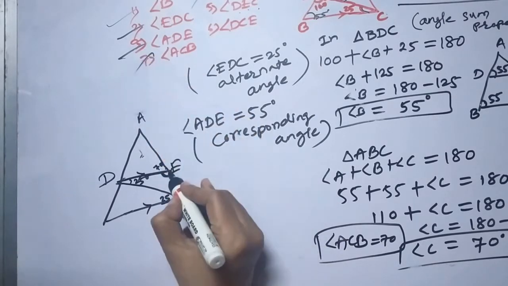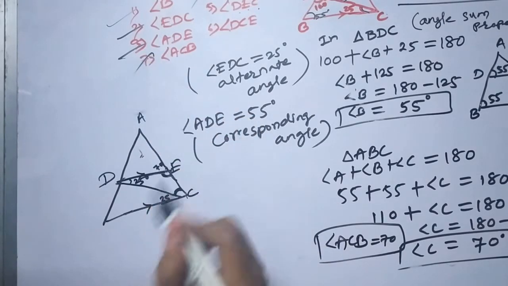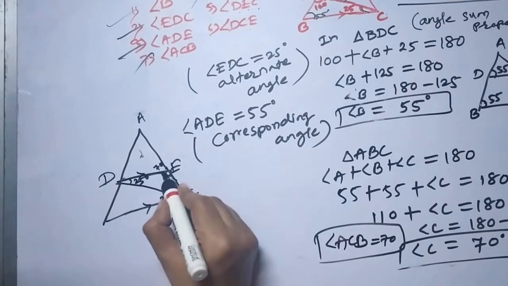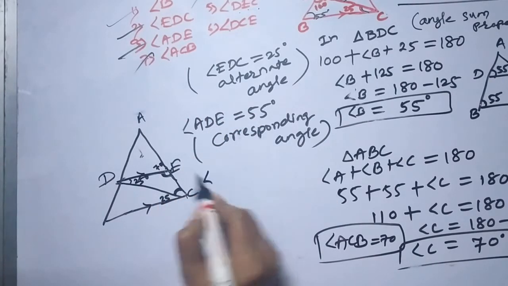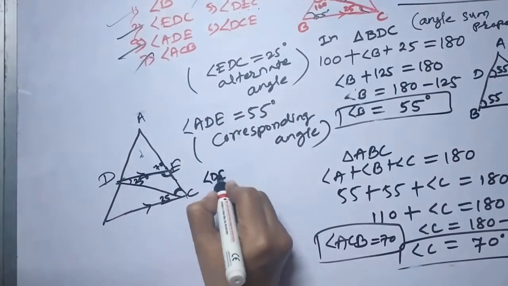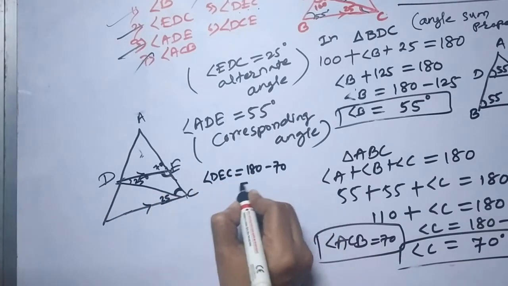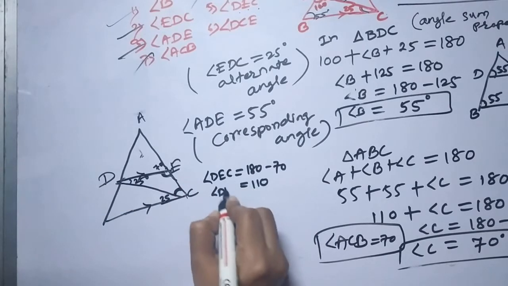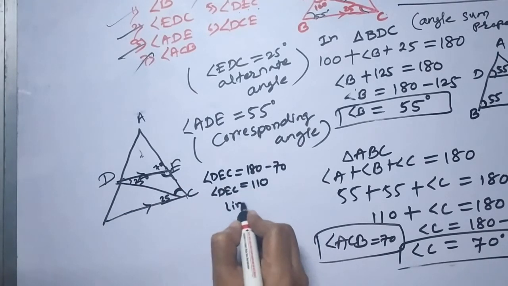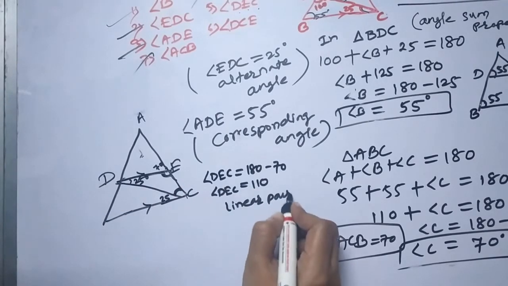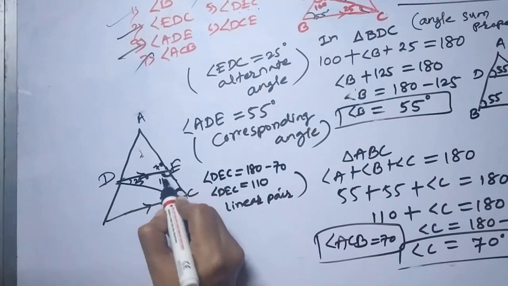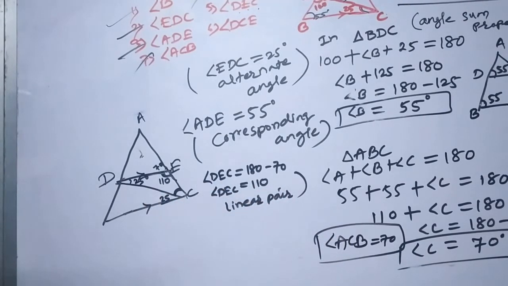These are two opposite rays and this is a common arm. So friends, this angle we can get simply, DEC is equal to 180 minus this 70 degree, which is equal to 110. Friends, the reason you can write is linear pair angles. So this angle we got, friends, this is 110.